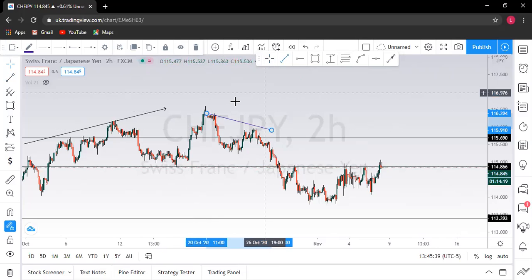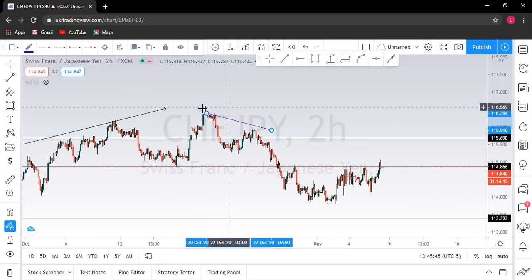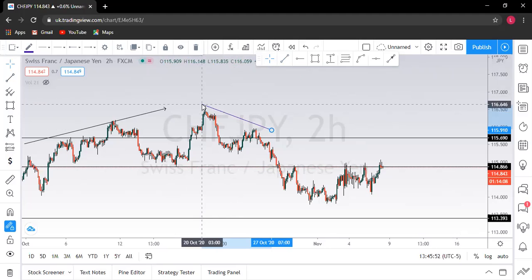Now for you to say you actually have a trend line, the market has to have tested it like two times. What do I mean by test? I mean the market must have touched it two times. So that means you have a trend line. But quote me, there's a difference between a trend line and a validated trend line.